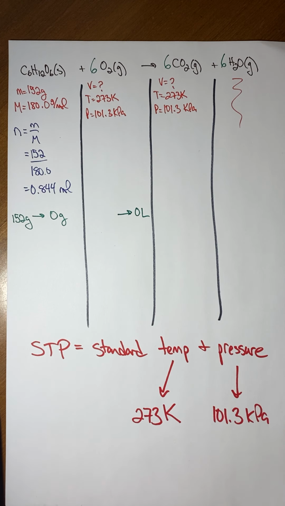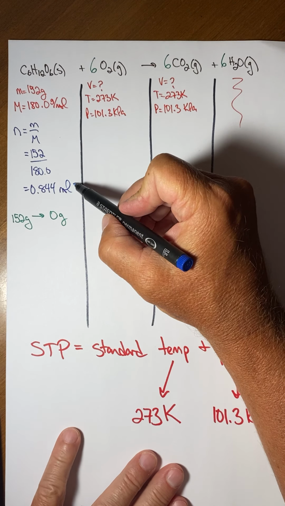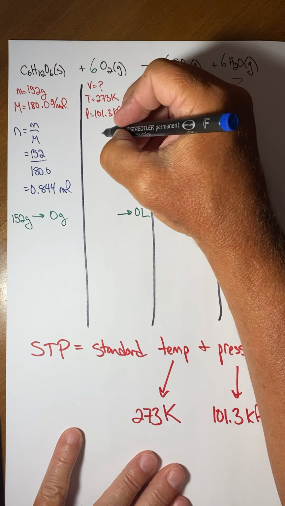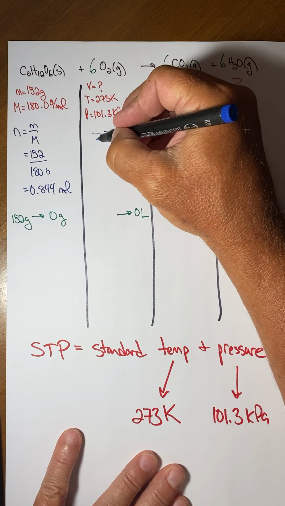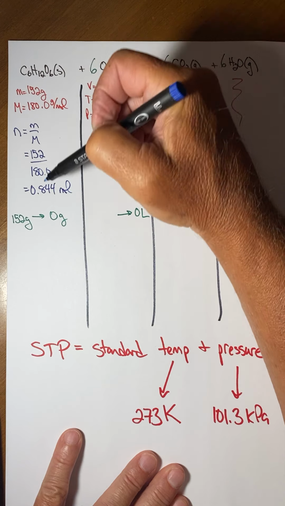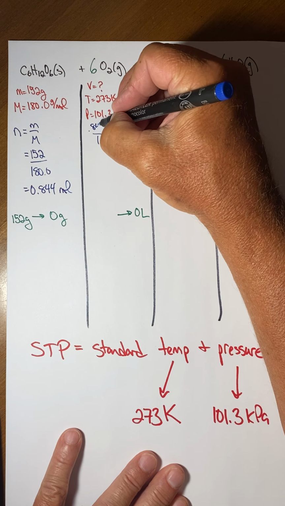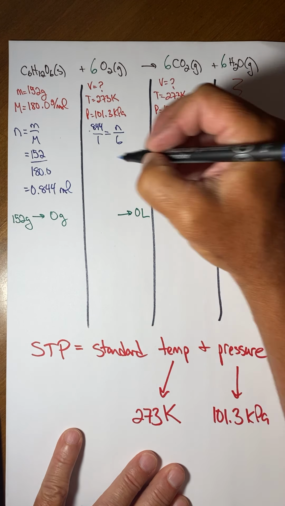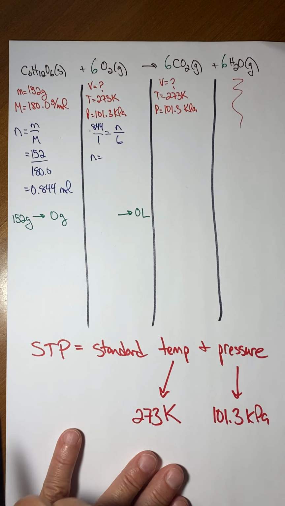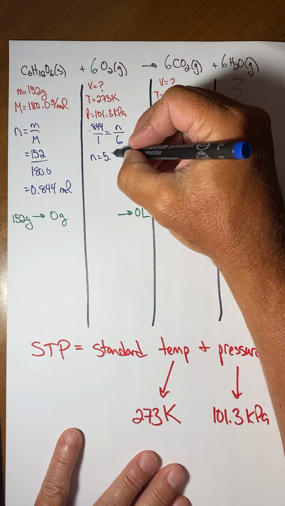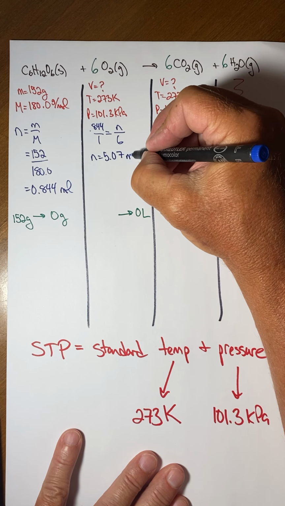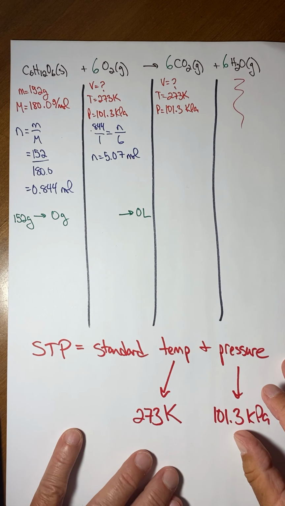You're calculating exactly how much you need to use here. So what I want to do is a mole to mole ratio. The original ratio is 1 to 6. I don't have 1 mole. I have 0.844 moles. And I want to find what n is. So I'm just going to go times 6. And there's a lot of moles here. And that's what we have.